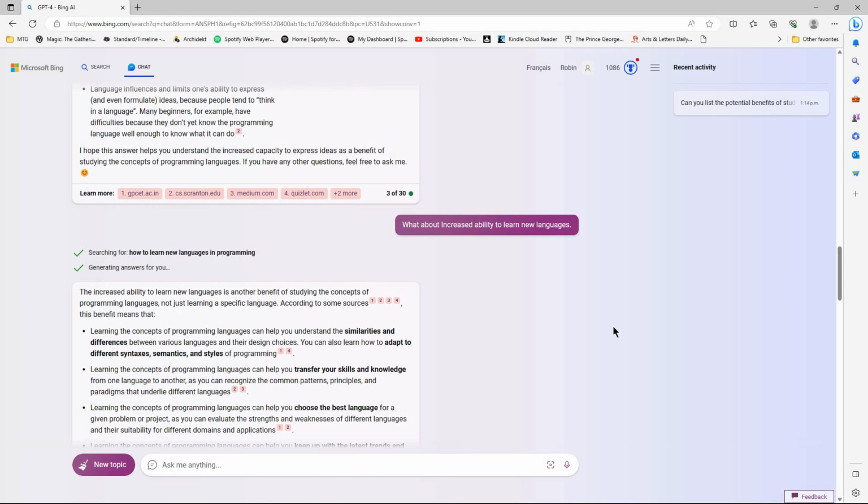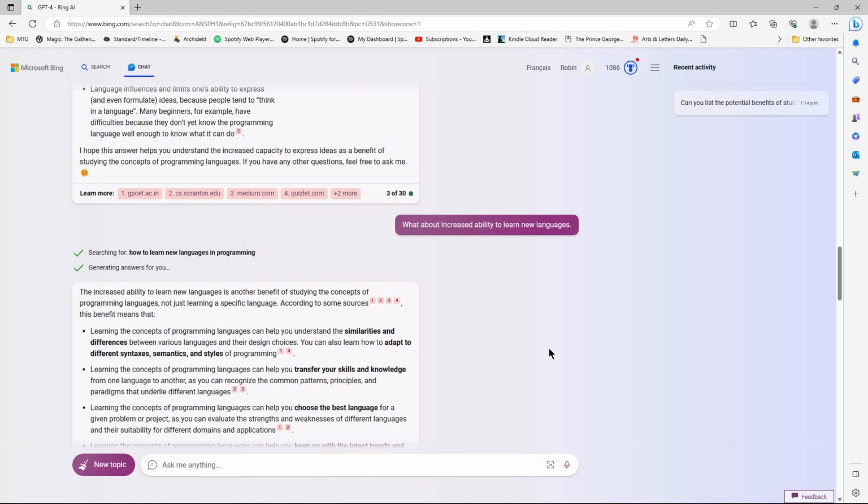What about the increased ability to learn new languages? And then it goes on to seemingly echo that, I suppose. Another benefit of studying the concepts of programming languages, not just learning a specific language, according to some sources. So again, it's good. It's picking up on this idea that I want it to differentiate between the benefit of studying concepts versus the benefit of studying a specific language.